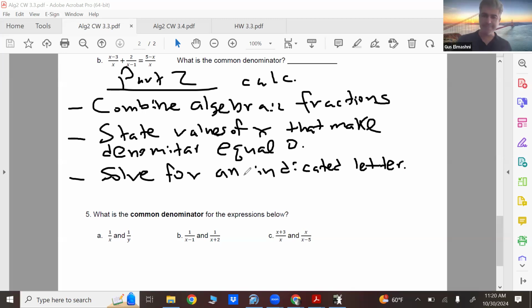Let me look at the notes again. That's going to be like example 2 of today's notes. Geez, these notes are so large.